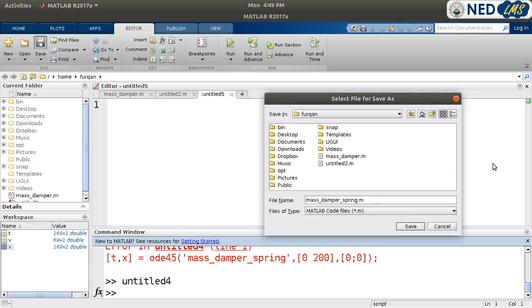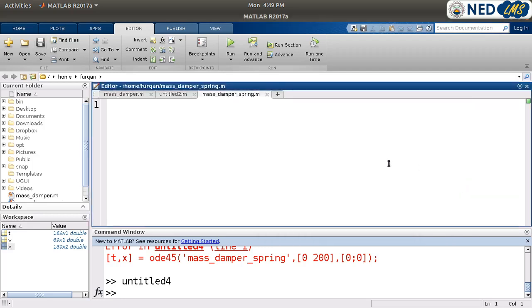You can use any name of your choice, but you have to remember to use the same name while using this function in ODE45. So function dxdt is equal to mass_damper_spring, t comma x.